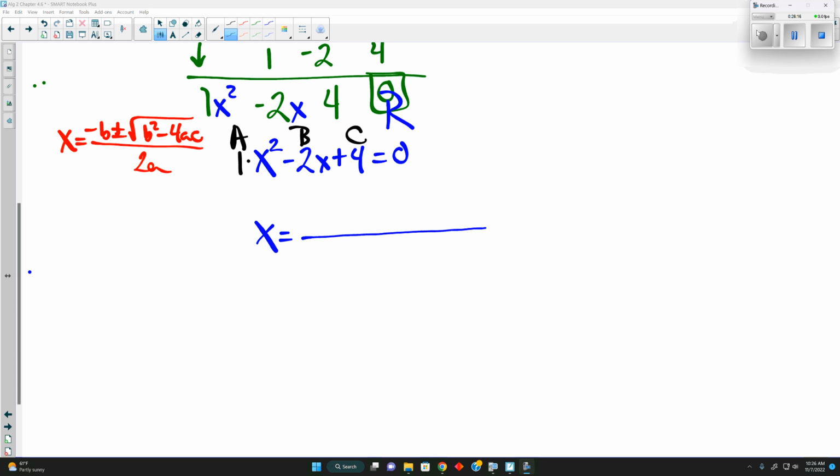At this point, I think you all feel pretty comfortable saying negative -2 is just 2. Even when I do these myself, I will go on and simplify that. It's not too bad saying, okay, negative, make it positive. The denominator is 2 times a. What's the value of a? 2 times 1 is what?